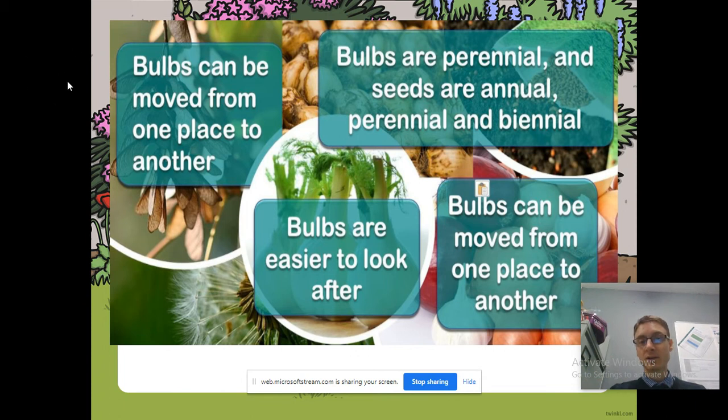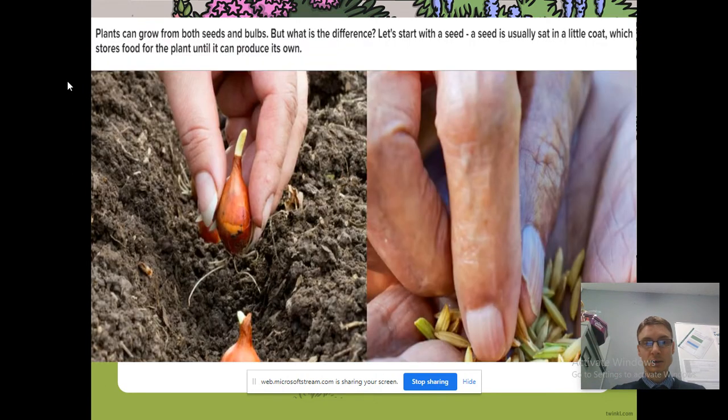So that means that they can be planted in different parts of the year, and they might grow at certain times of the year better than other times. Bulbs are easier to look after.